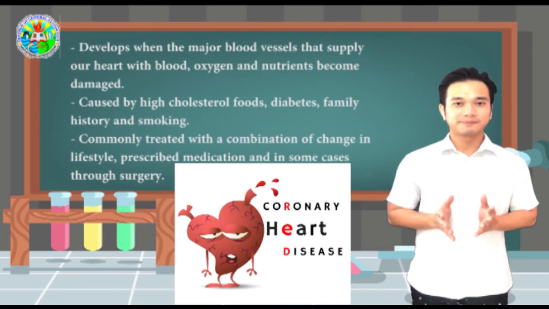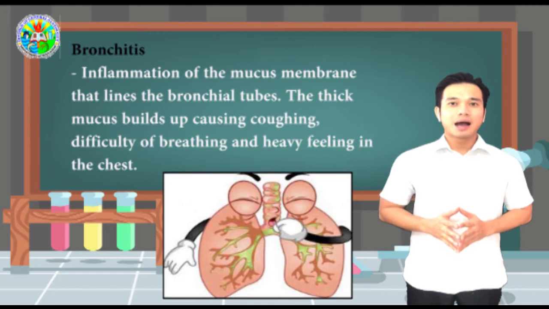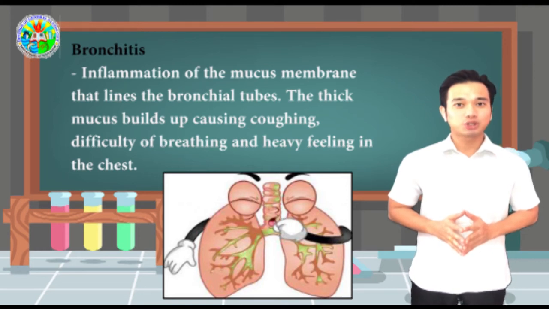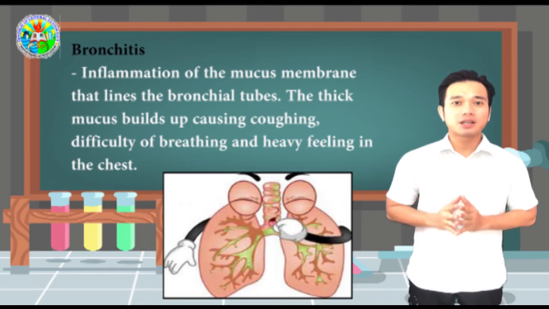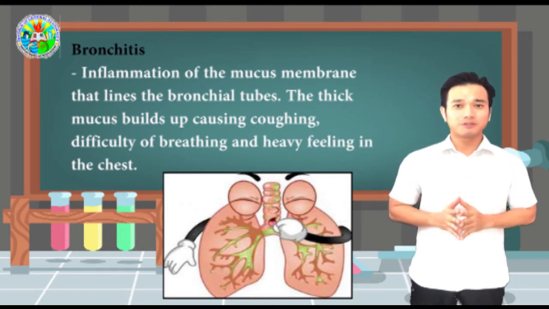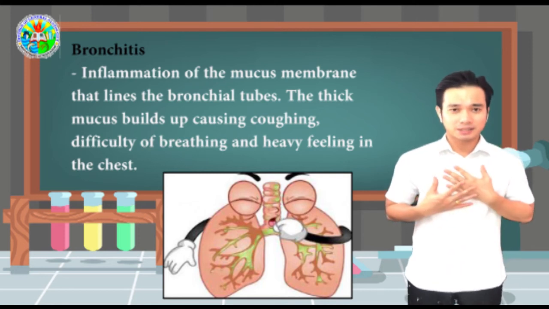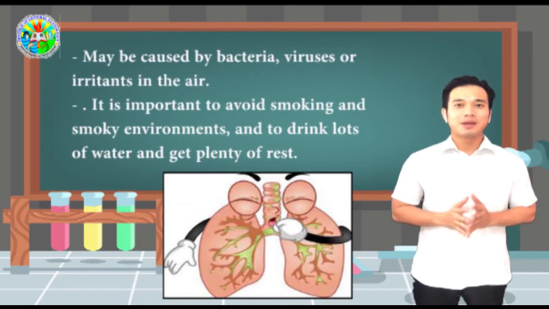Fourth is bronchitis. Bronchitis is an inflammation of the mucous membrane that lines the bronchial tubes. Thick mucus builds up, causing coughing, difficulty of breathing, and a heavy feeling in the chest. So what causes bronchitis?